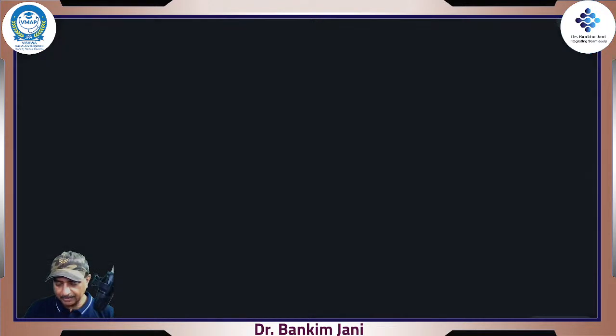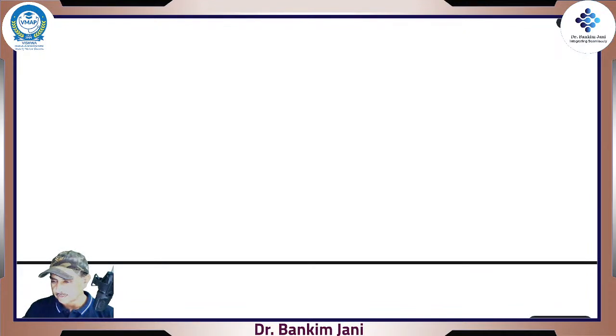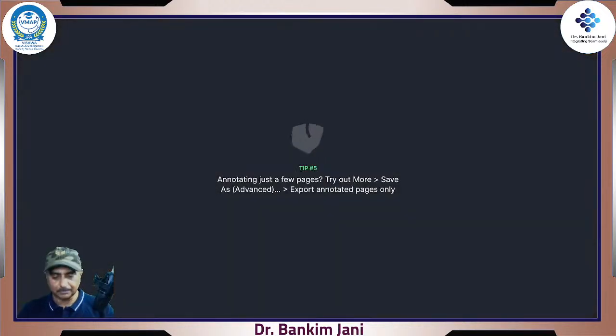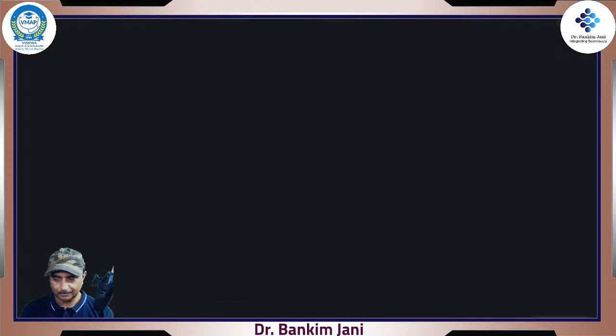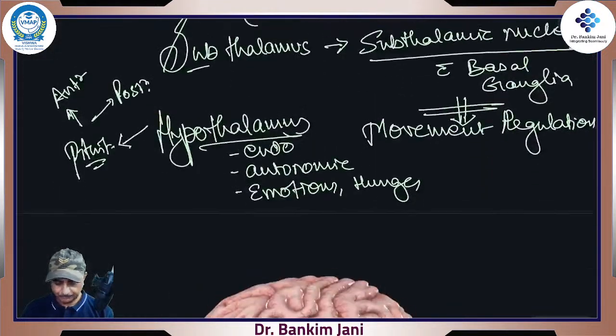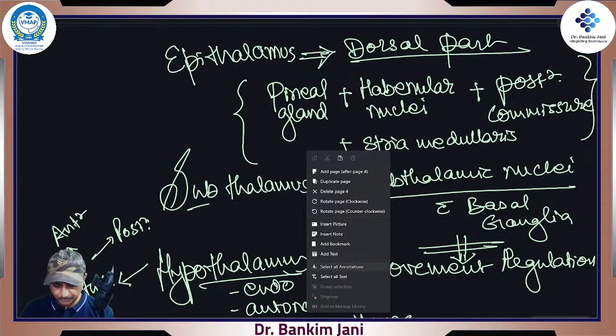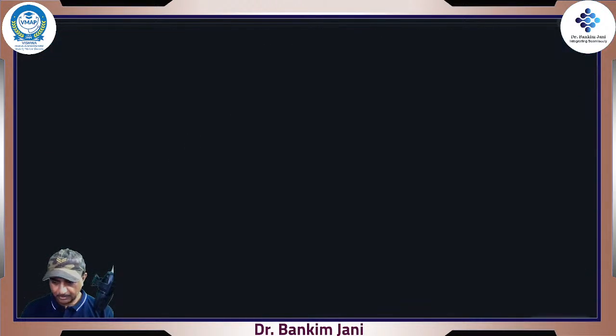Let's do one thing. We draw a rough diagram. This diagram will take us to the level of where exactly the things are associated.